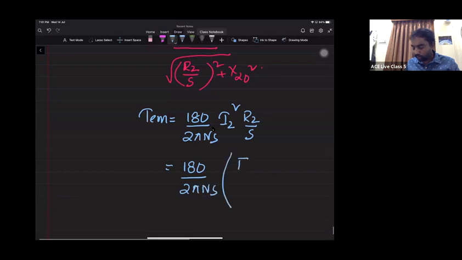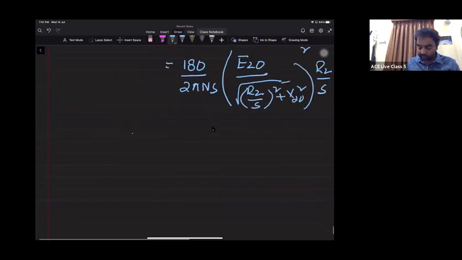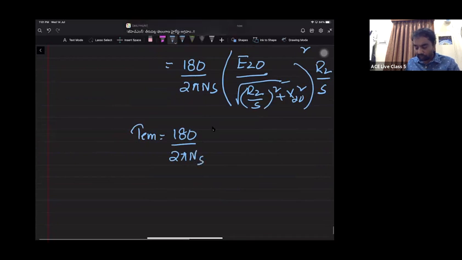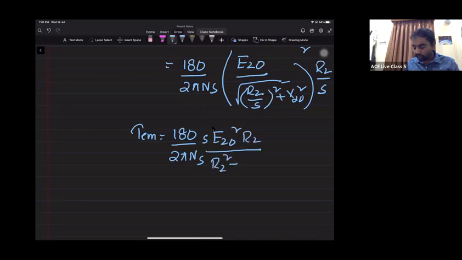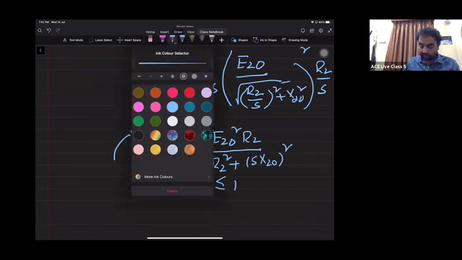In place of I2, I write this, into R2 by S. If I simplify that, 180 by 2 pi ns, S, E2 naught square into R2 by R2 square plus S X2 naught whole square. This is the equation for torque for the slip ranging from 0 to 1.